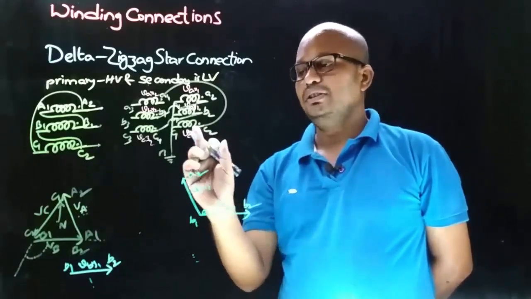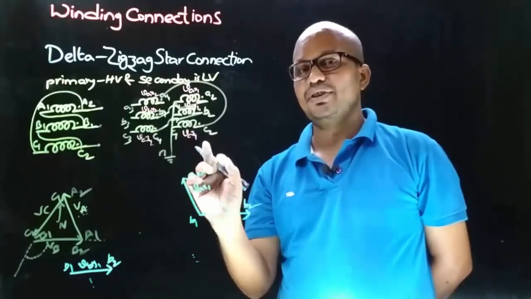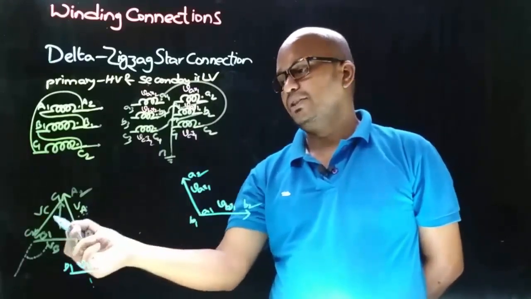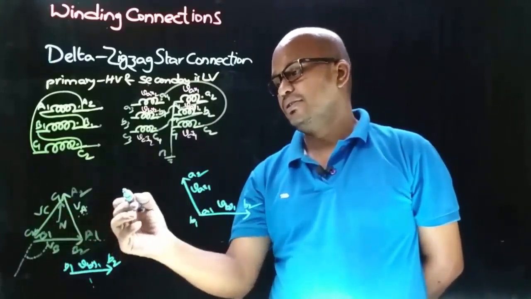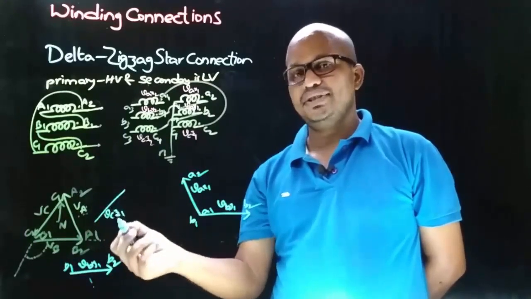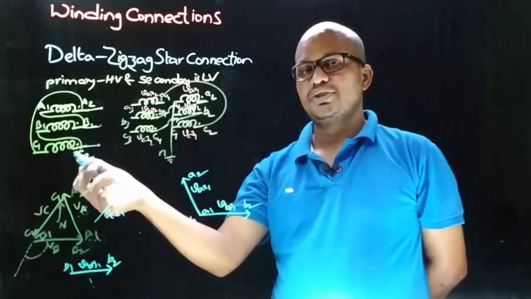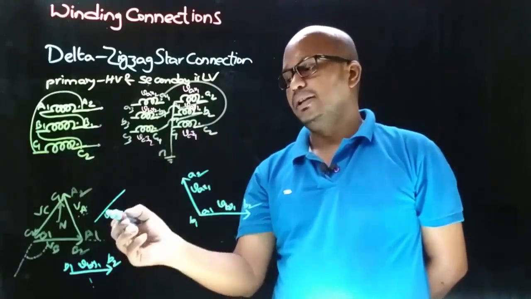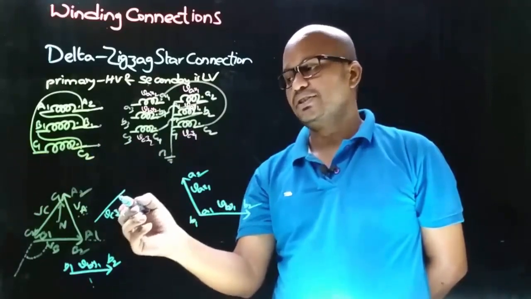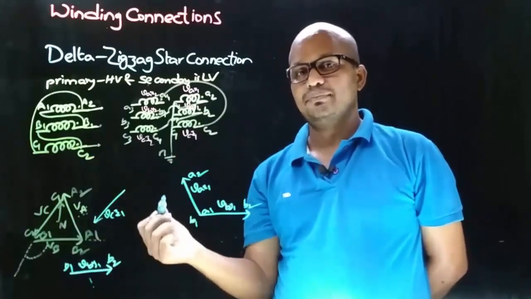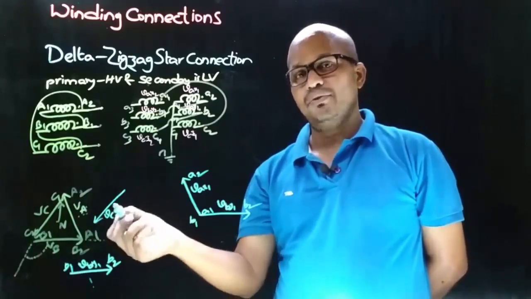And now we need to draw the secondary side VC-Z1 phasor. So let's draw the secondary side VC-Z1 phasor parallel to the primary side VC phasor somewhere here like this. And now we need to decide the direction of the secondary side VC-Z1 phasor. On the primary side the connection is taken from dot end and on the secondary side the connection is taken from dot end. Therefore the direction of the secondary side VC-Z1 phasor is the same as that of the primary side VC phasor. And now we need to decide the terminals of the VC-Z1 phasor.